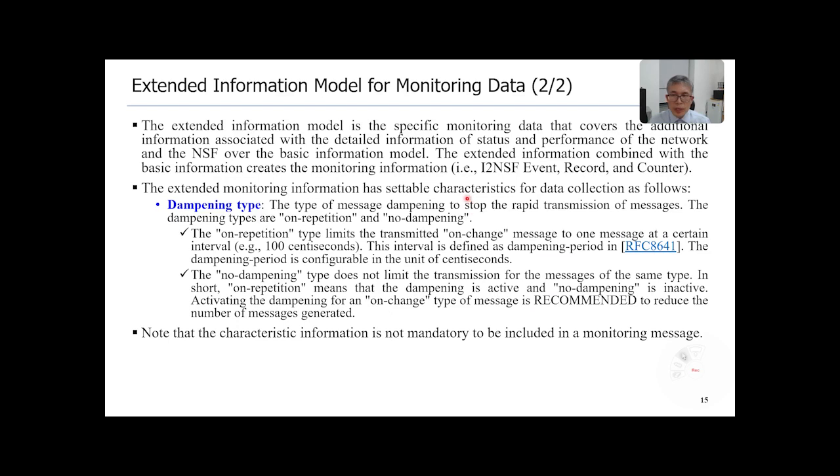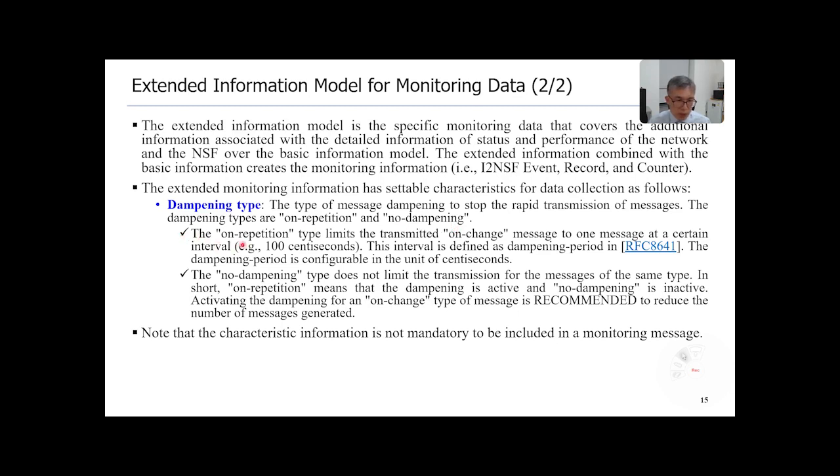We also have another characteristic for extended monitoring information, damping type. This is the type of message damping to stop the rapid transmission of messages. If messages keep being sent, it is like a denial of service attack, right? So the damping types are on repetition and no dampening.